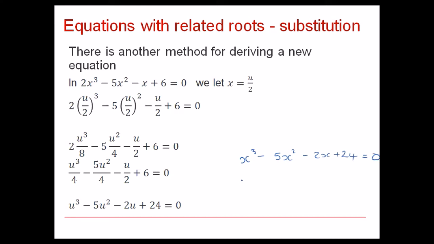As I mentioned before, if you don't like using this idea of substitution, you can just replace x in effect with a mapping of x over 2, and then you would just have x in all of these workings instead. And just to remind you, this is now an equation with roots 2 alpha, 2 beta and 2 gamma.